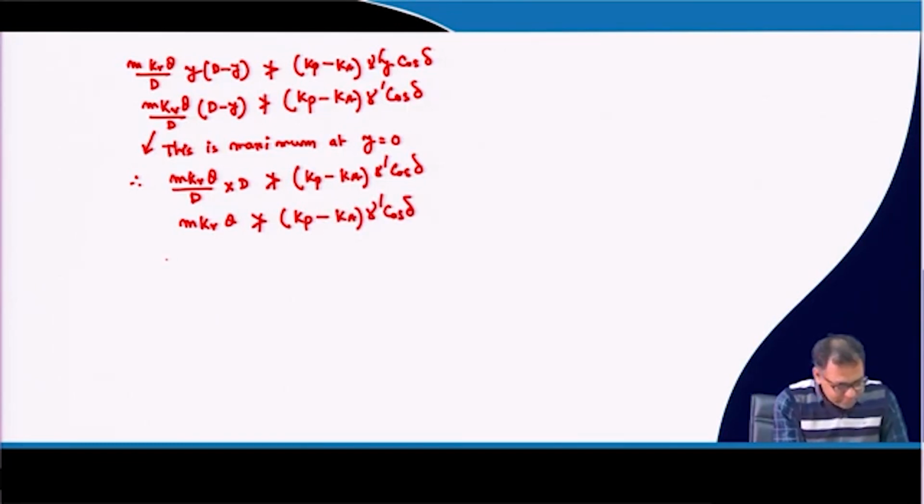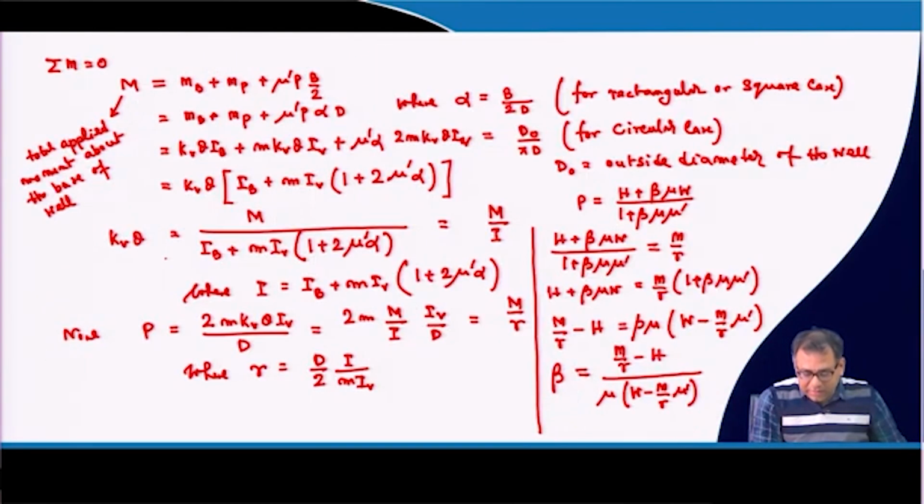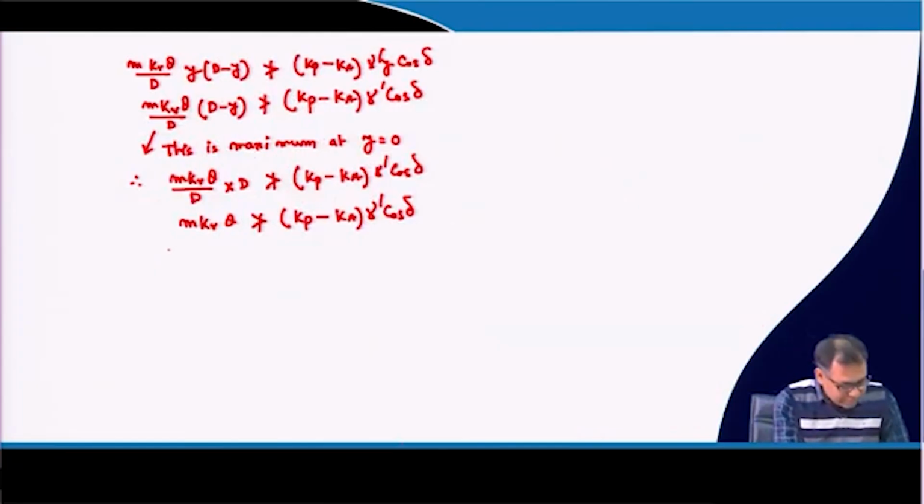K v theta is equal to m by I. So, I can replace K v theta by m by I. So, small m into capital M by I should not be greater than K p minus K a gamma dash cos delta.